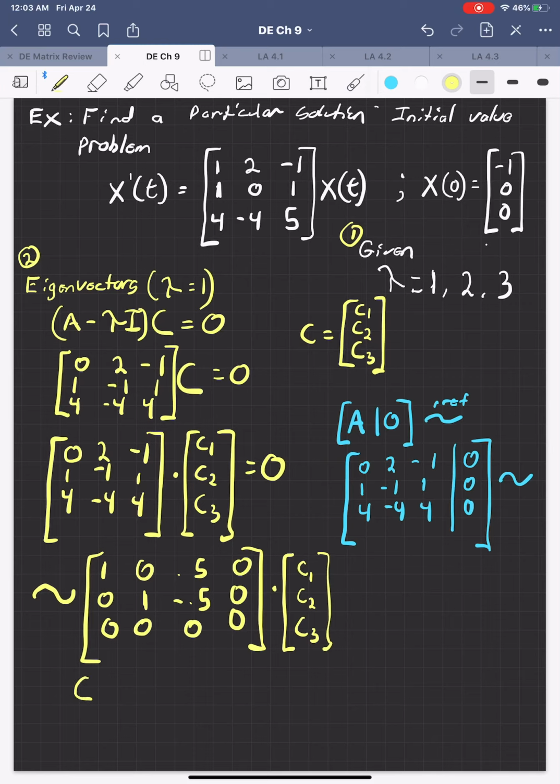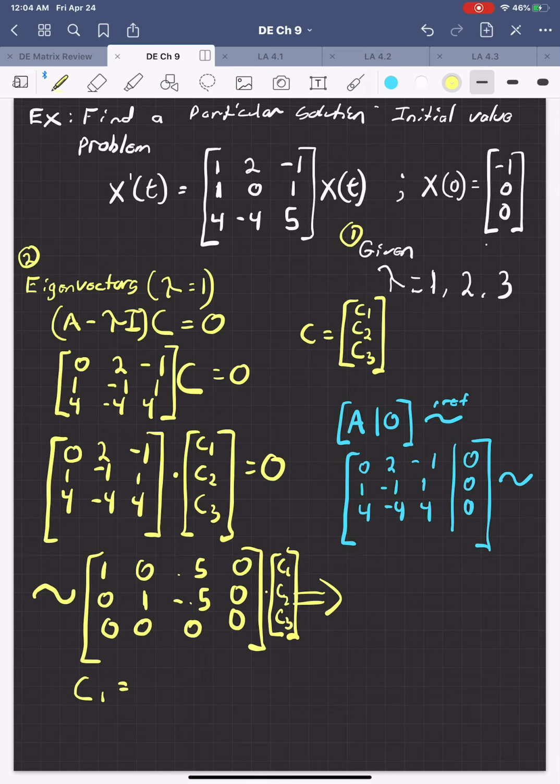Ready? So C sub 1 would be equal to, just imagine this equation here. I know for many of you, you remember this from linear algebra, but I just want to make sure you understand. So let me turn this back into a system.